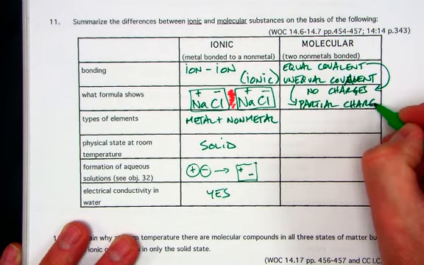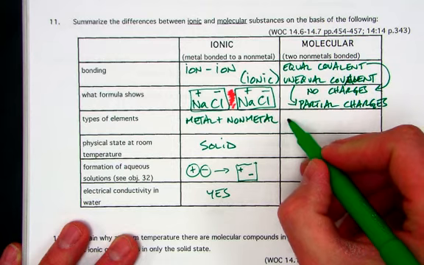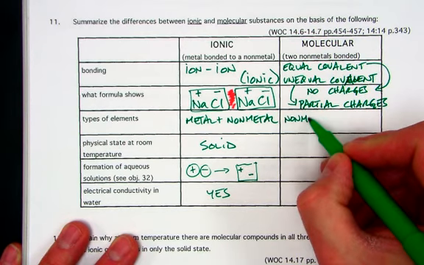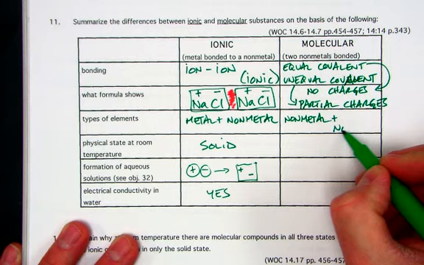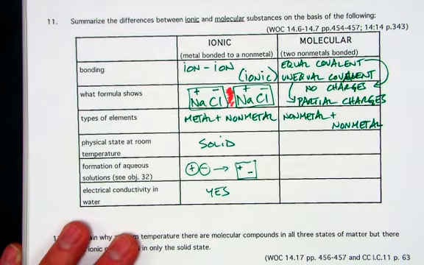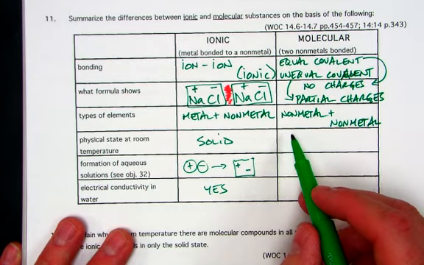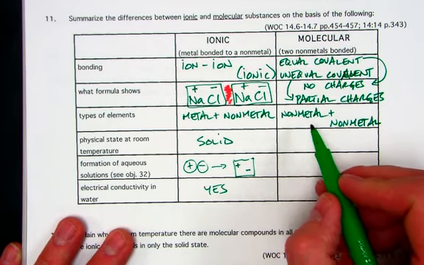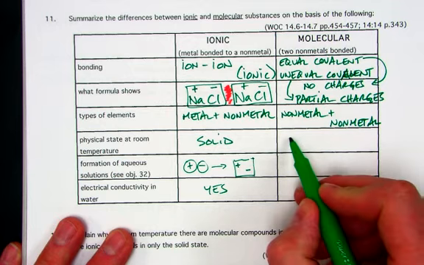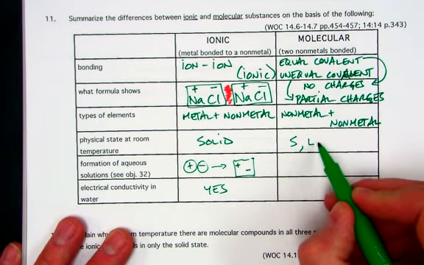All right. So types of elements involved, it's going to be a nonmetal plus a nonmetal. In terms of physical state, some of the bonds formed here are very strong, or sort of really strong, and you might have a solid, you might have a liquid, or you might have a gas.